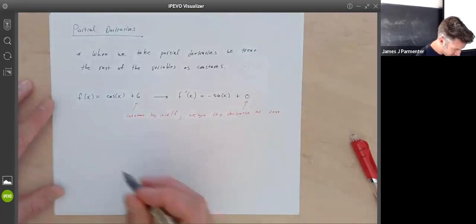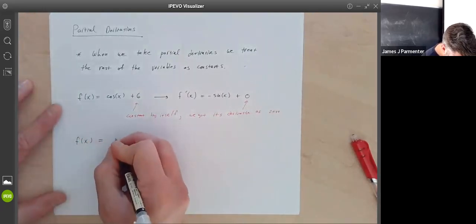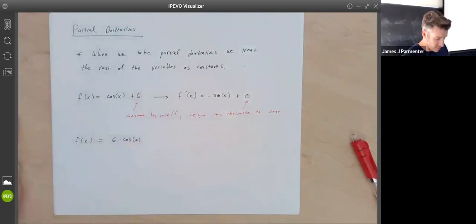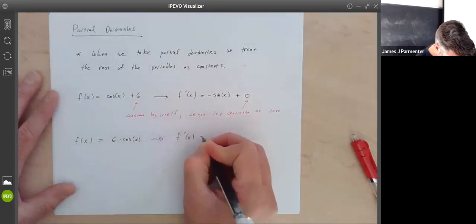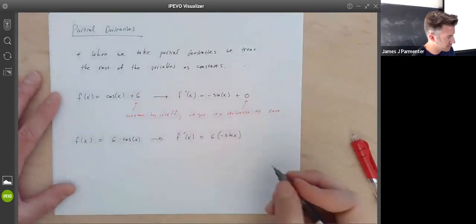On the other hand, if you have your constant multiplied by a function, then the derivative of 6 cosine x is going to be 6 times negative sine x, or we'd probably write it as negative 6 sine x.